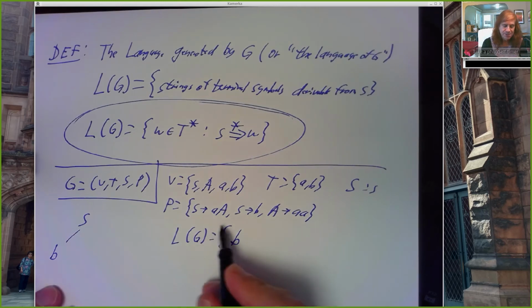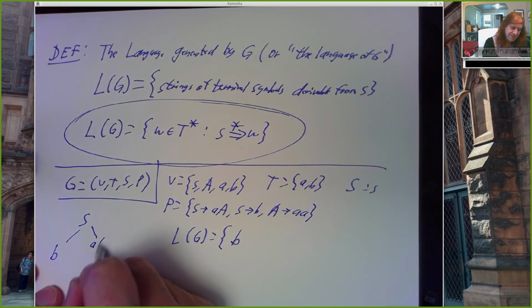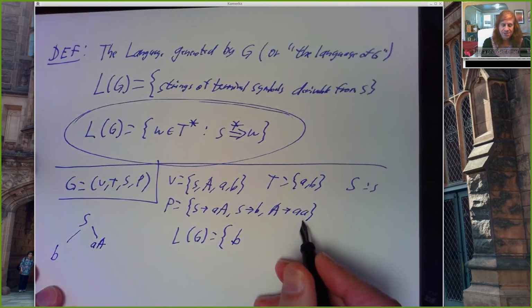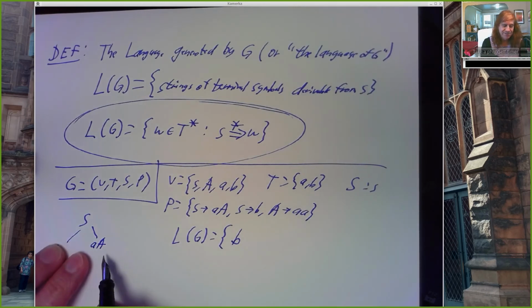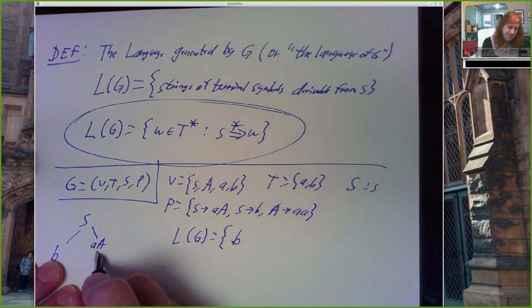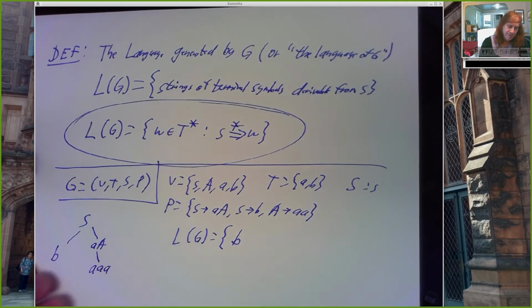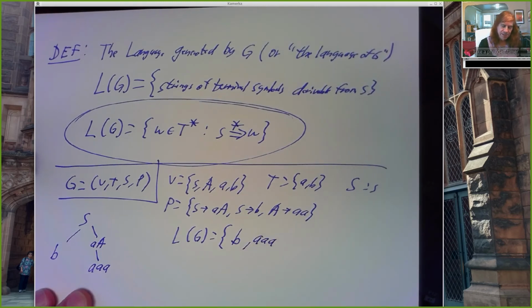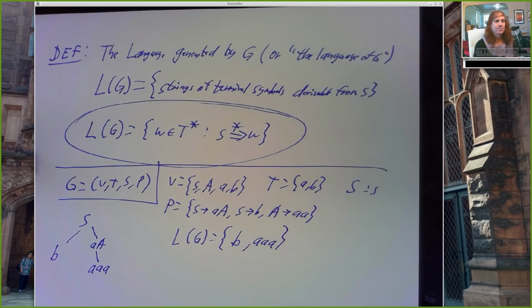The other thing we can do with a start symbol is turn it into a little a followed by a big A. And a big A can be turned into two little a's. Now this is not part of our language because it's not comprised of terminal symbols. Big A is not a terminal. But we can replace the big A with two little a's, and now we have another string of terminal symbols. That's pretty much all we can do, so this is a pretty small language.